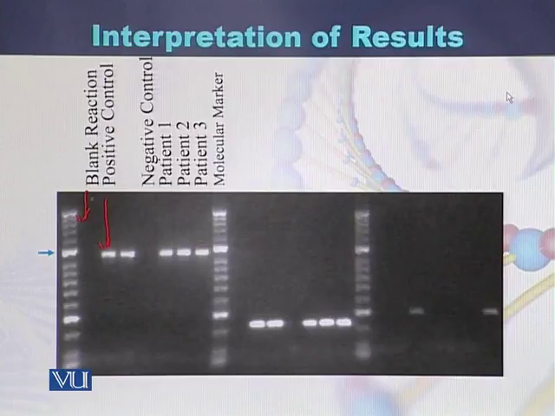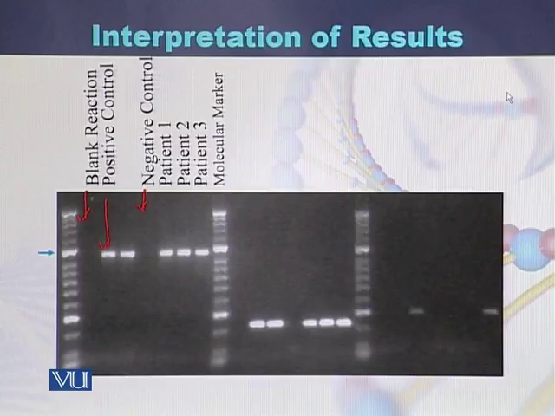Here we can see this is the positive control, and in this well there is amplification of the DNA. This one was the negative control. Because this is a negative control, there should not be any kind of amplification in this well.